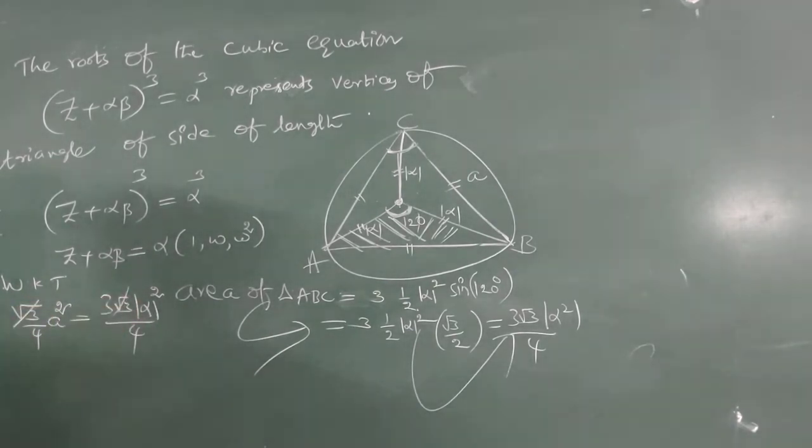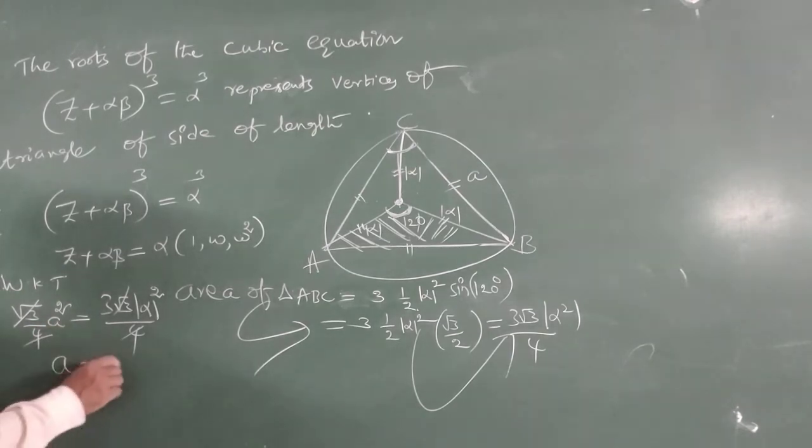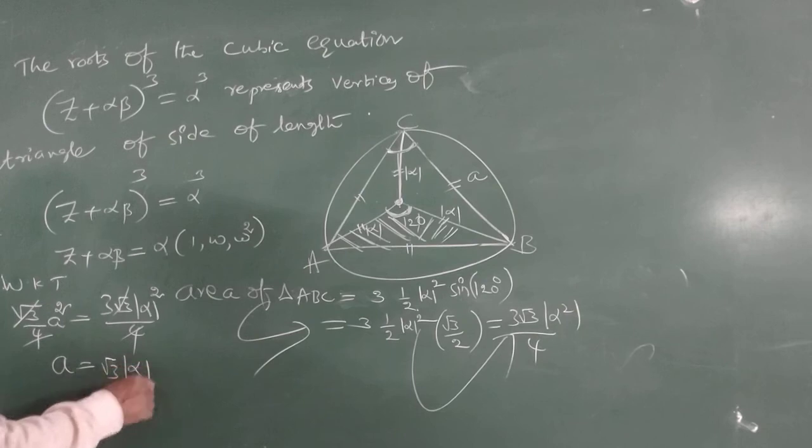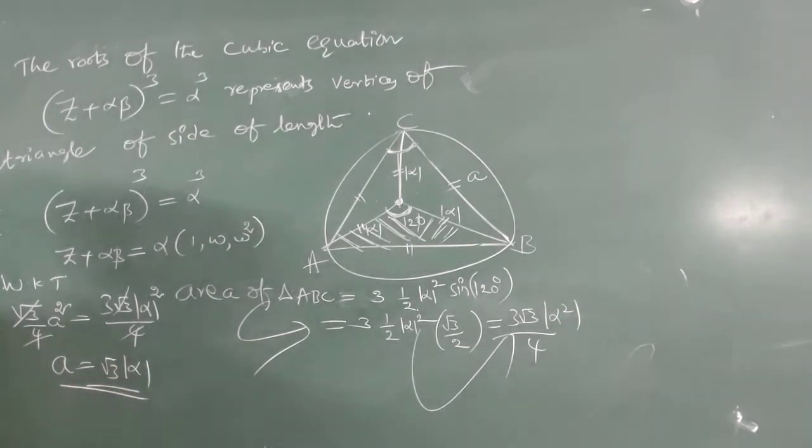Root 3 cancels, 4 cancels. The side length is root 3 mod alpha, since square and under root cancel. The length of the side is root 3 alpha.